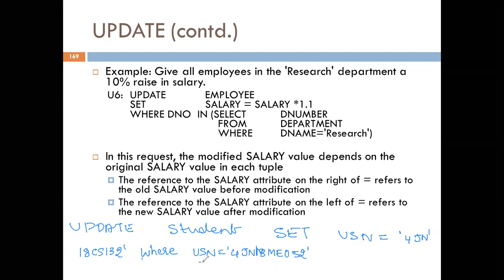So now the USN of the student is modified. While modifying the USN also, the software will verify whether this USN already exists or not. If it exists, then this update operation will fail. If it doesn't exist, then only the update command will be successful.